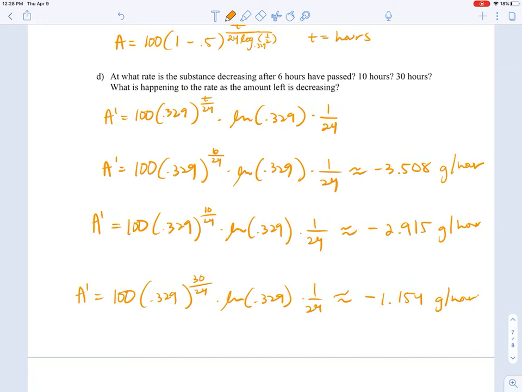And it seems like that rate is slowing down. So it seems like the instantaneous rate of change is decreasing.